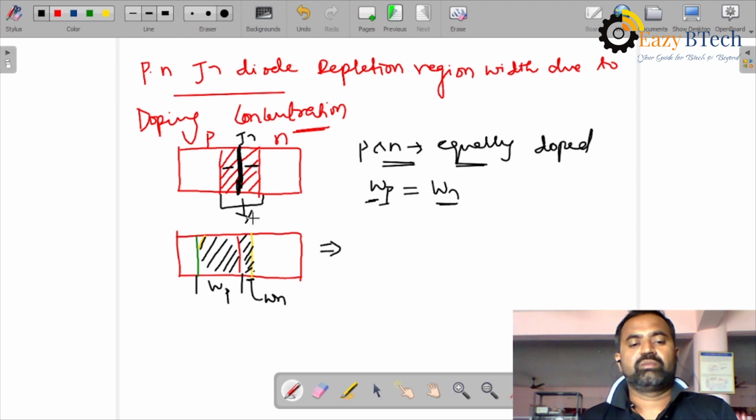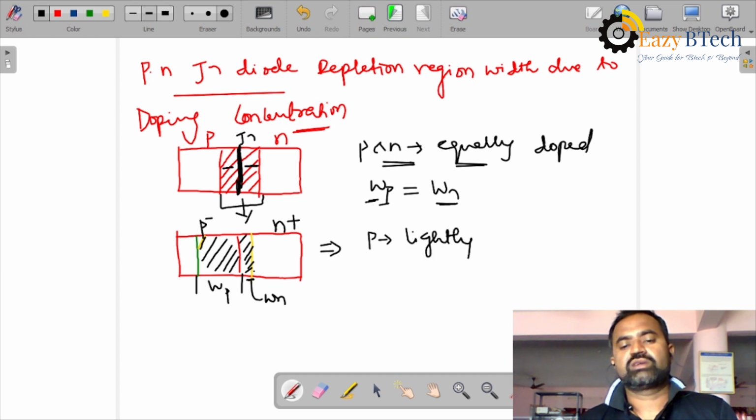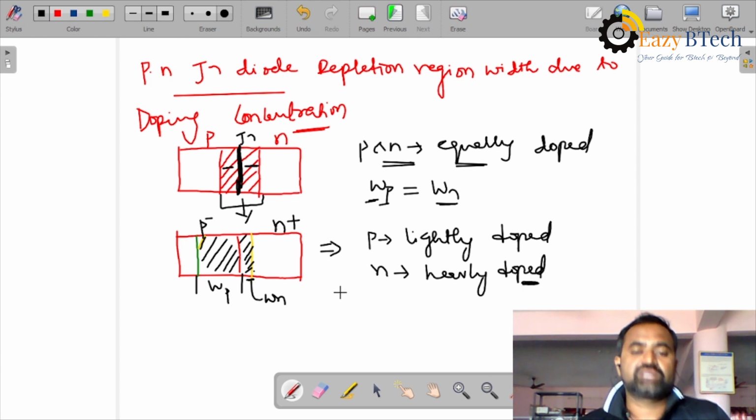Here it is N plus and it is P minus. Here you can see clearly P is lightly doped, and N is heavily doped. Now you can see here clearly the width expansion.